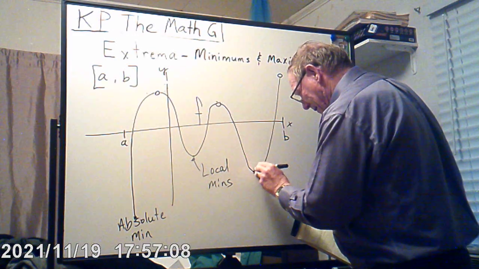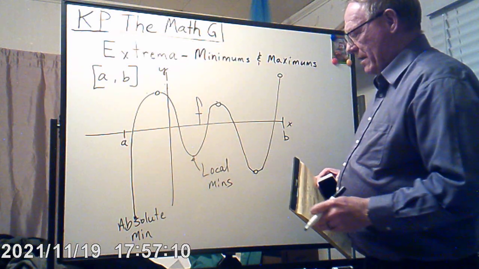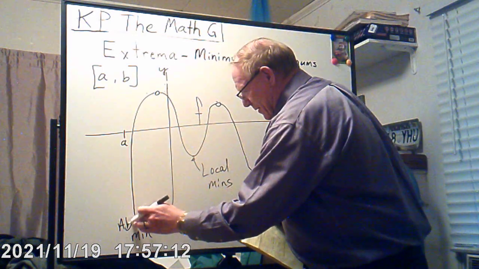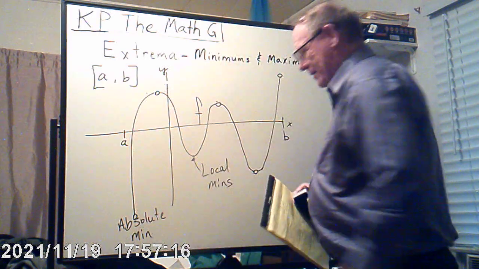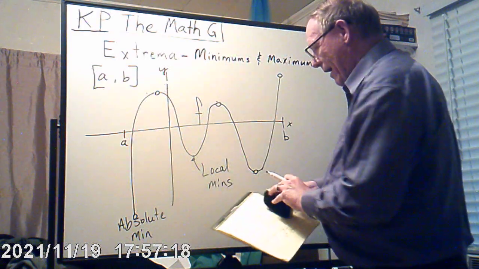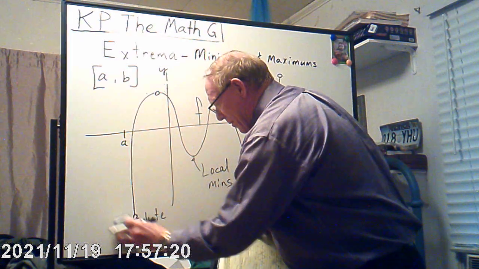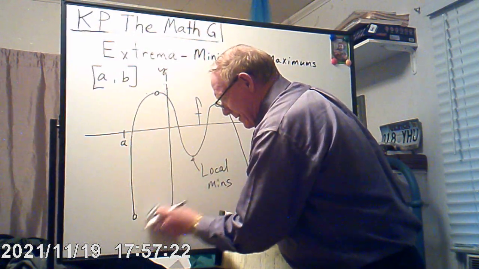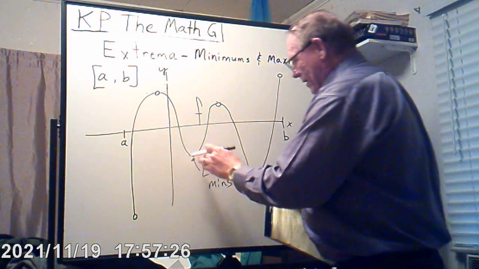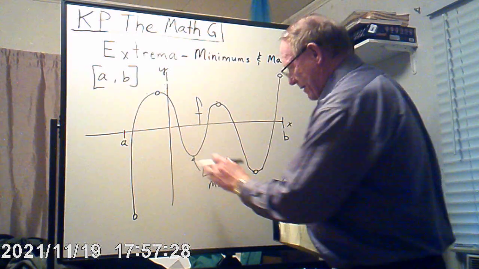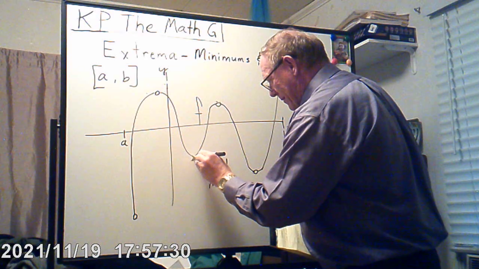Now, the only thing you've got is just a local min. You don't even have an absolute min anymore. That idea is gone. Now here, if you do this, you don't have either.